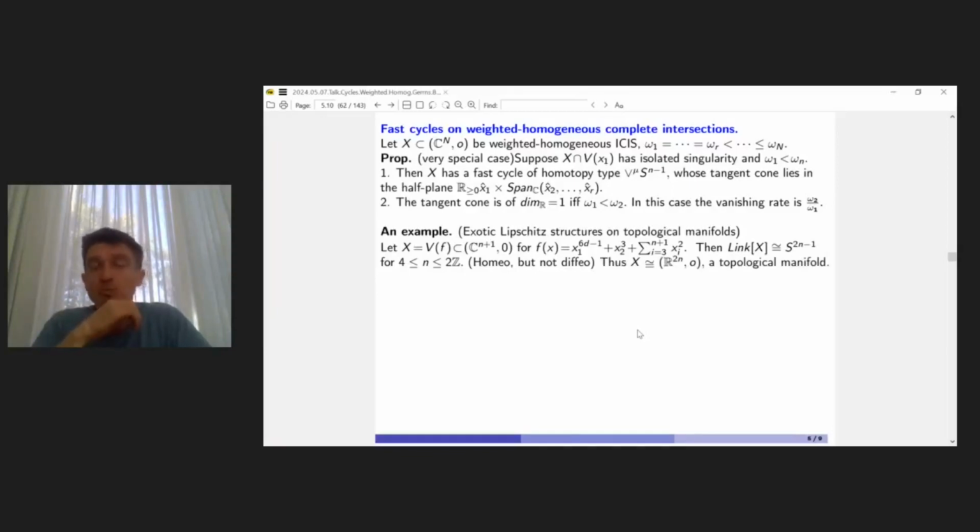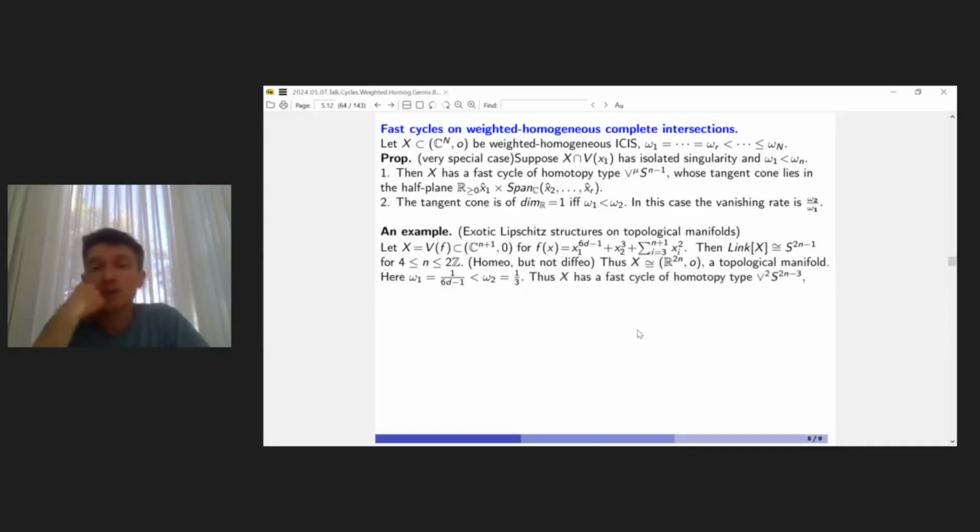Therefore, X will be a topological manifold for such cases. Notice that the function that defines this hypersurface is weighted homogeneous. Here are the two lowest weights, and they differ.